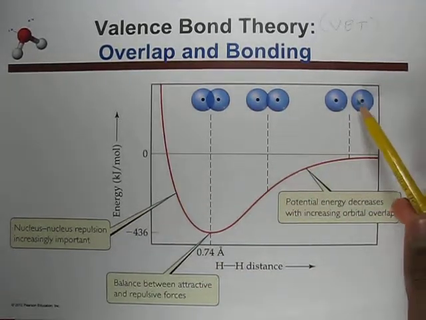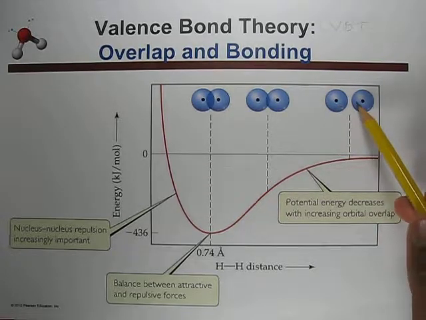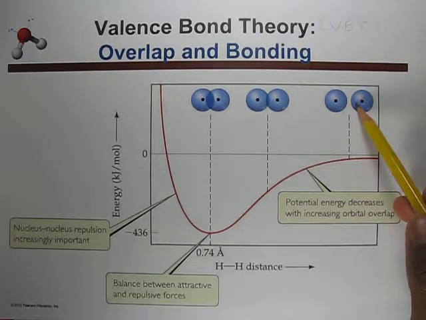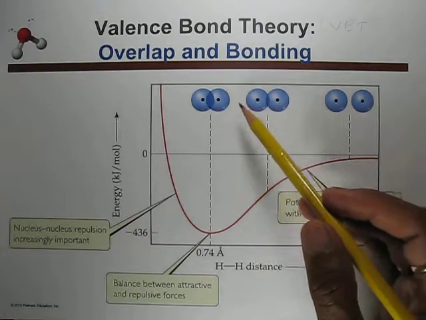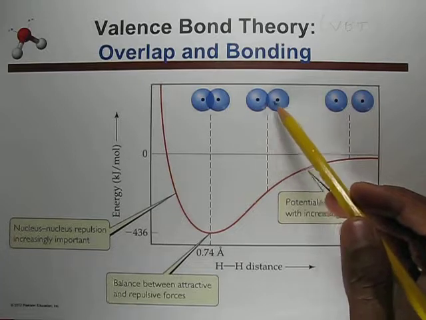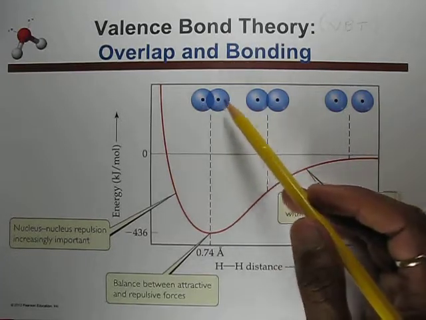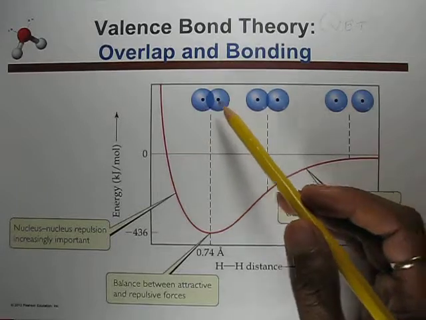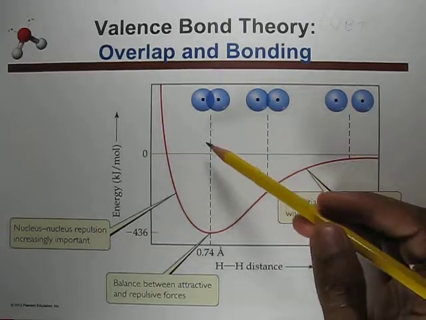When they start overlapping, they come closer because of the positive charge of the nucleus and the negative charge of the electron. So there is attraction between these two, but because of the nuclear repulsive force and the electron repulsive force, they also maintain a certain distance.